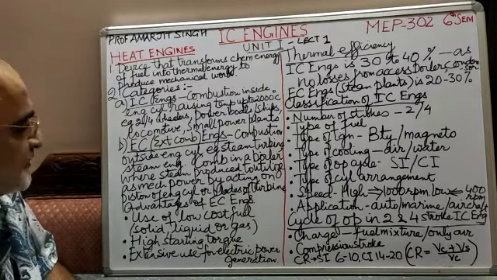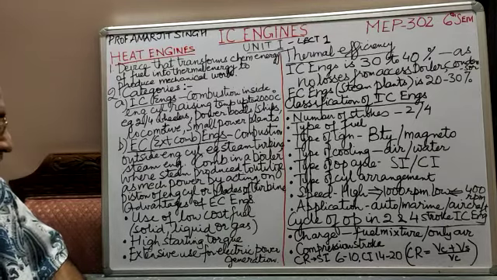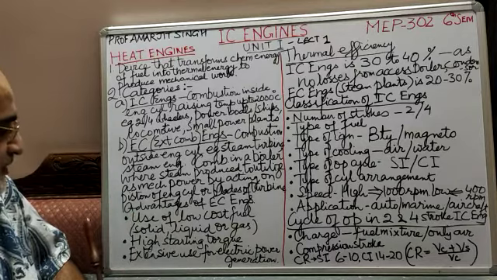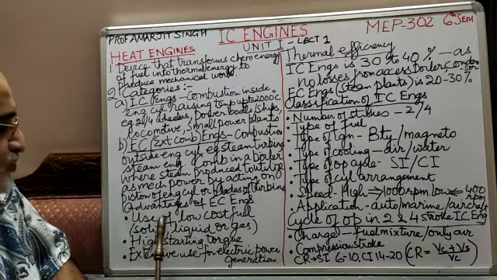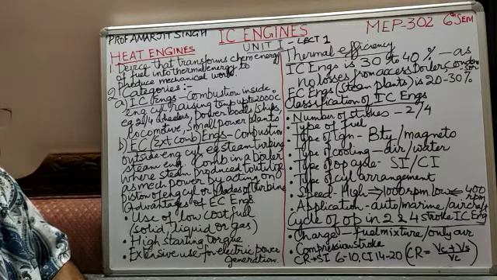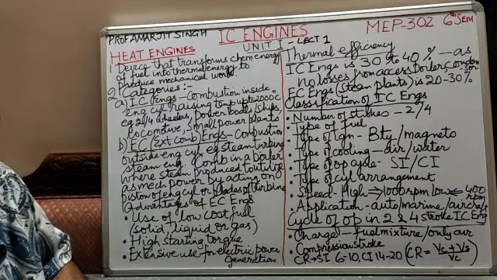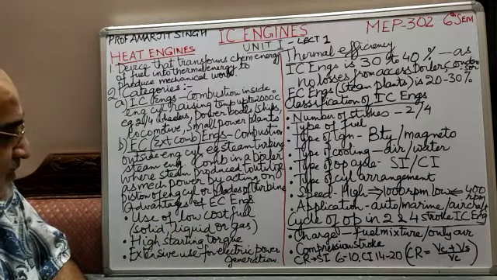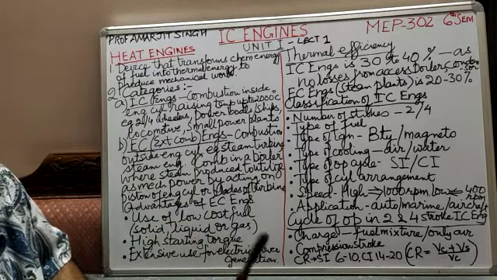Now, what are the advantages of external combustion engines? Firstly, the use of low cost fuel. As you saw in the diagram, it was coal. It could be solid, coal, or even wood, liquid, or even gas.